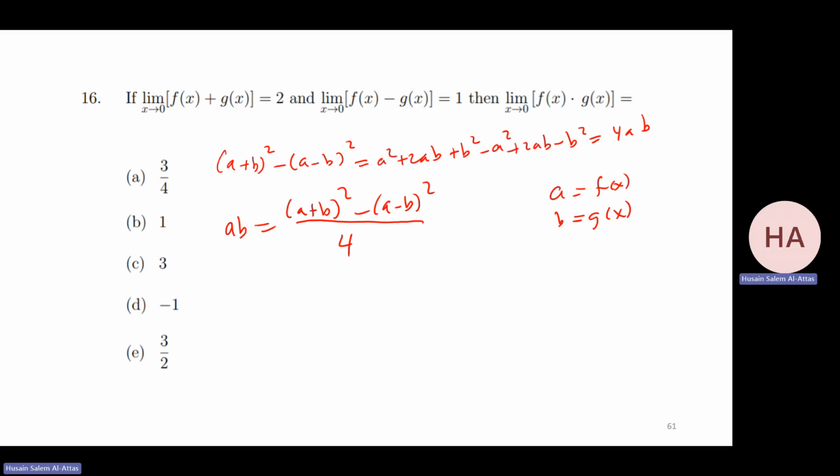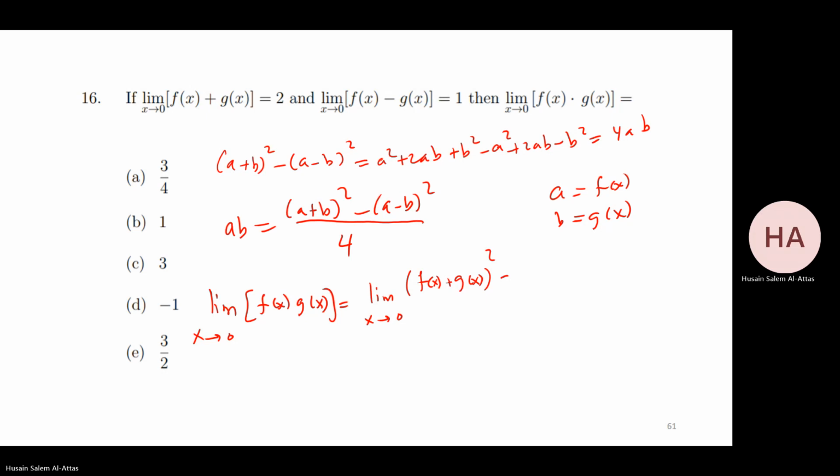So that means the limit as x goes to 0 of ab, which is f of x times g of x, will be the limit as x goes to 0 of f of x plus g of x squared, minus the limit as x goes to 0 of f of x minus g of x all squared, over 4. I can do it in 2 steps.